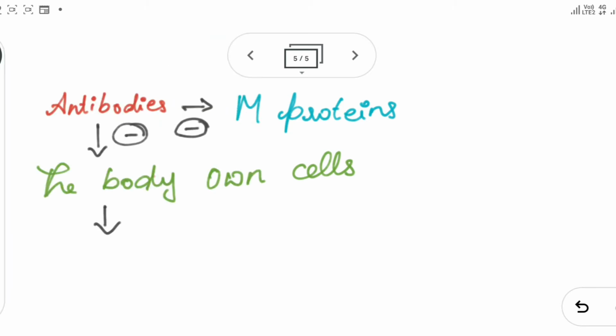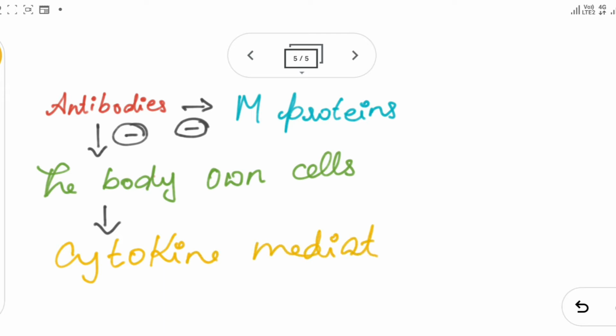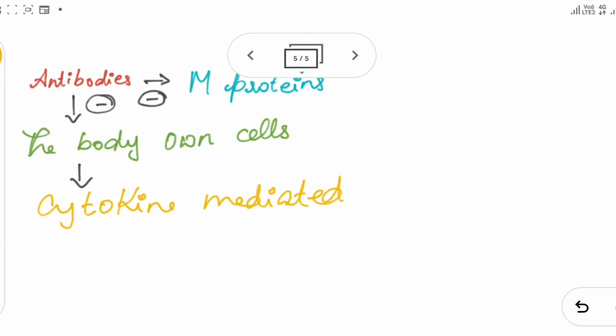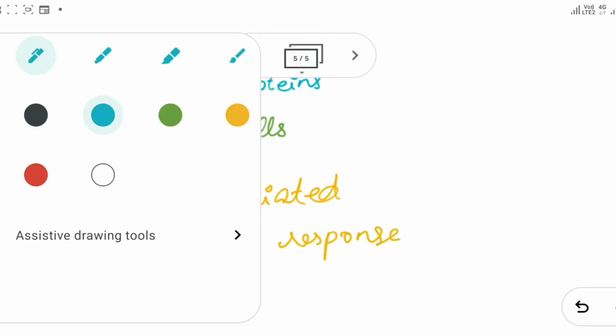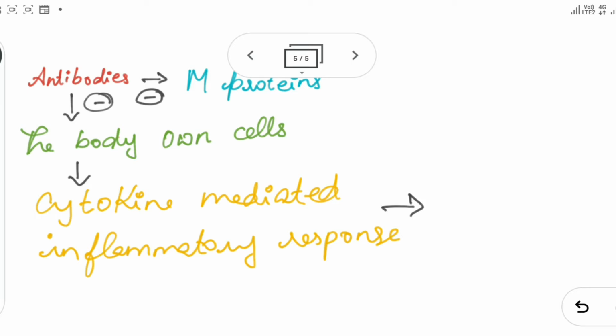This is a cytokine mediated inflammatory response, which leads to tissue damage.